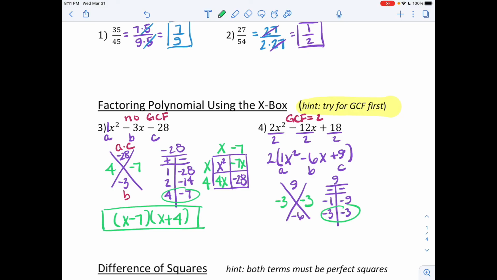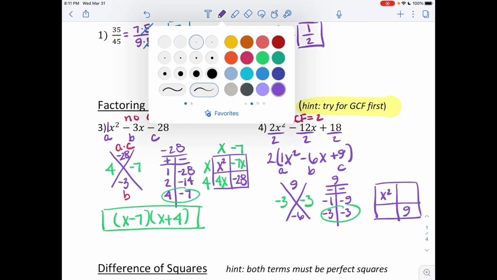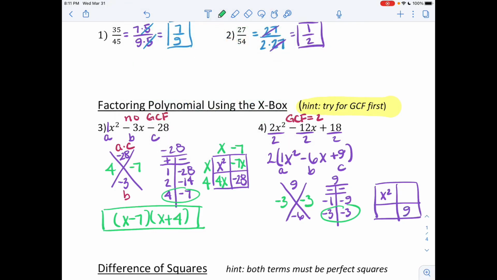Let's go ahead and do our box now. X squared and 9. And then our x puzzle gave us negative 3x and negative 3x. We'll have an x, a negative 3 because of the negative on the box that we're writing next to, another x, and another negative 3.